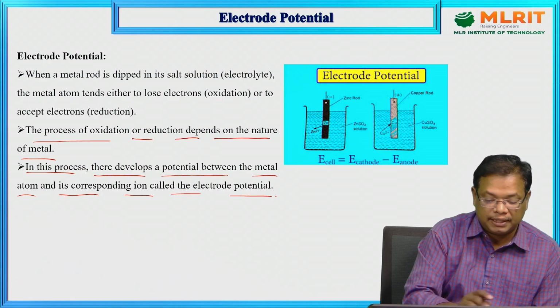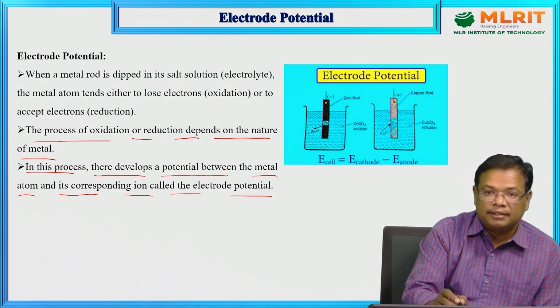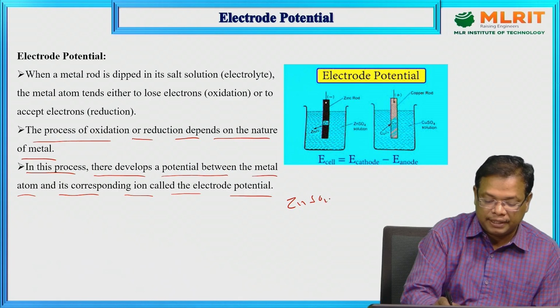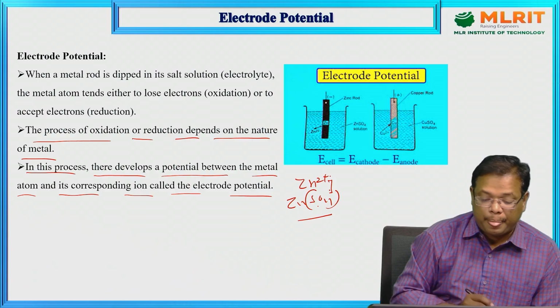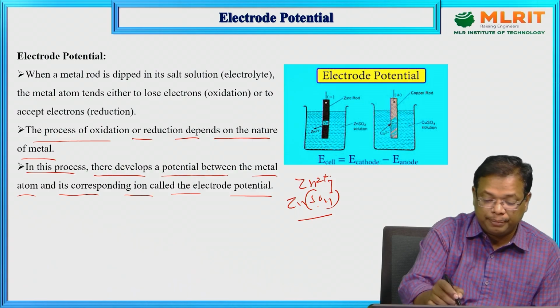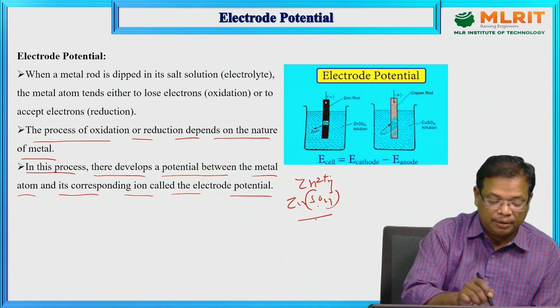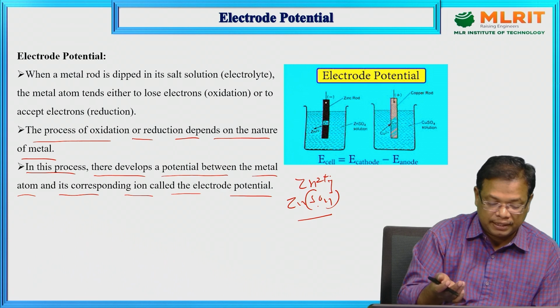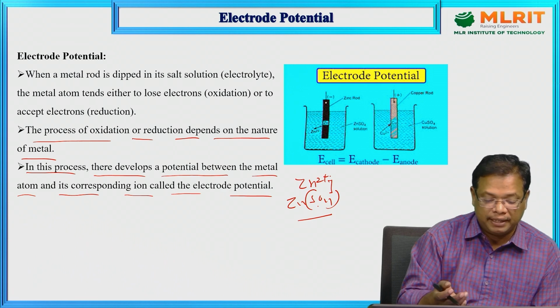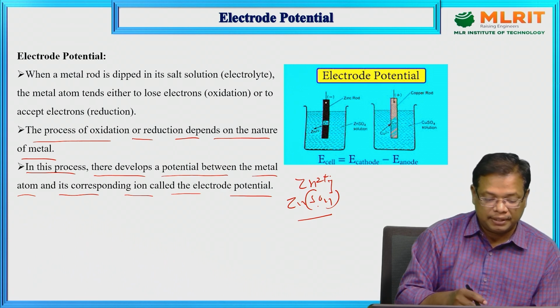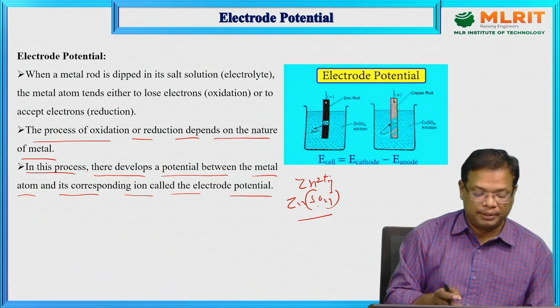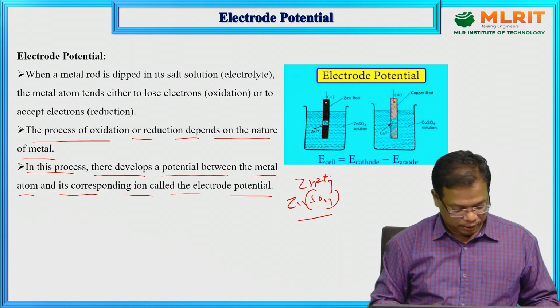So, this is the electrode. It is Zn in zinc sulfate. Suppose zinc sulfate is the electrolyte, with zinc 2+ ions. Between the metal rod and the electrolyte, how many electrons are being lost and how many are being gained, this is the concept. The tendency of electrons to be gained or lost is called electrode potential.